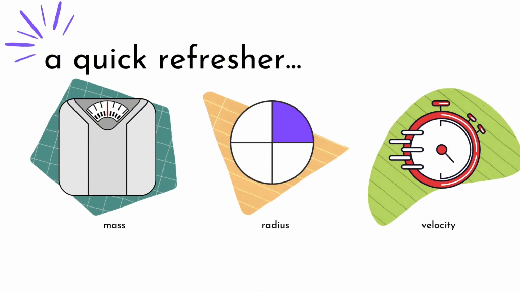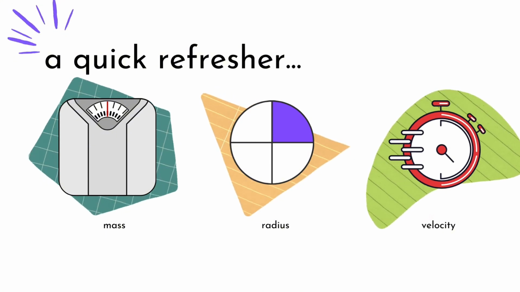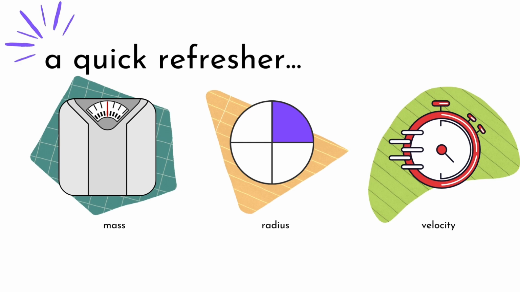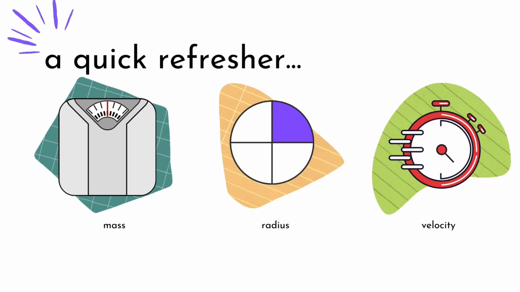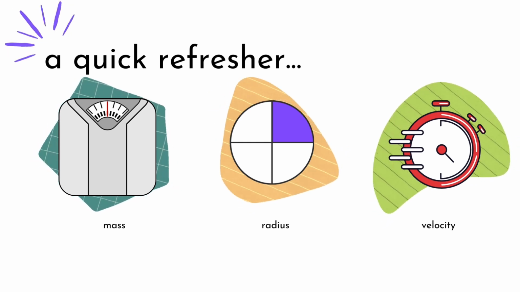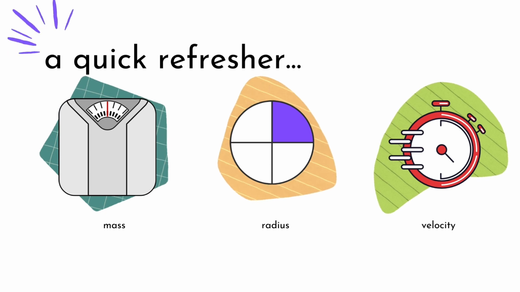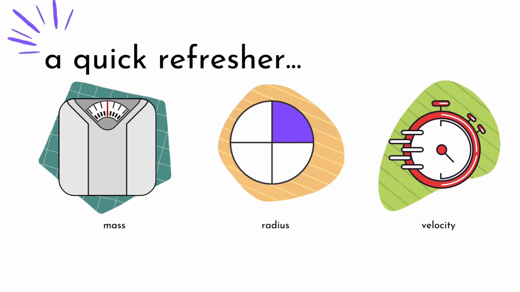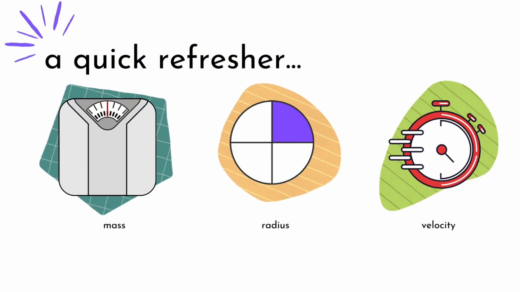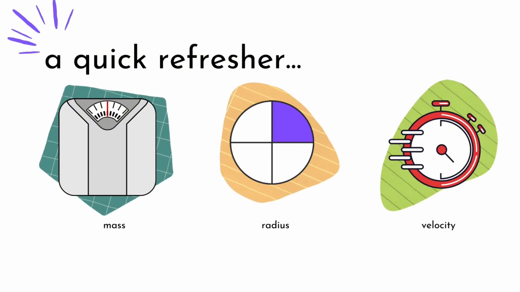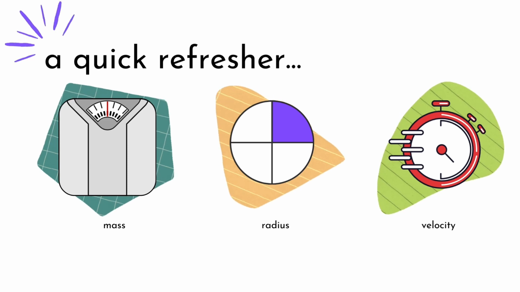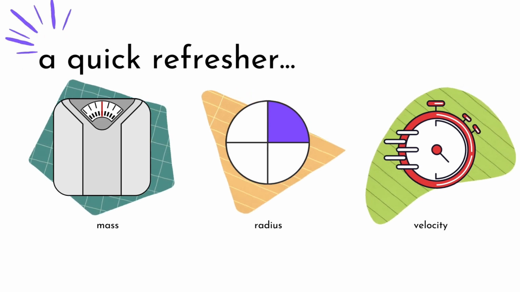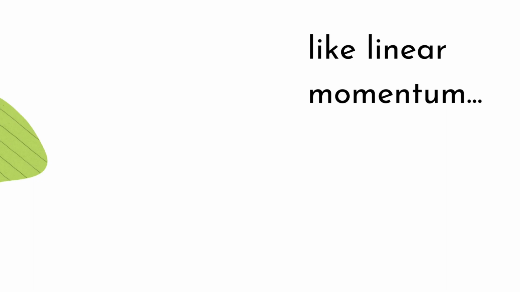So think of that as the center of the rotation, and then anything that's hanging off of it or making that axis wider, that's going to be considered your radius. Like in math, same concept, the line from the middle of your circle to the outside, that's going to be your radius.